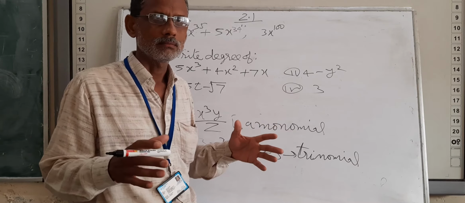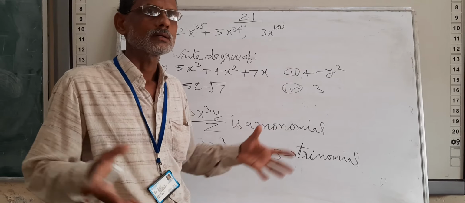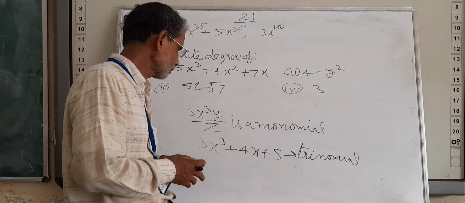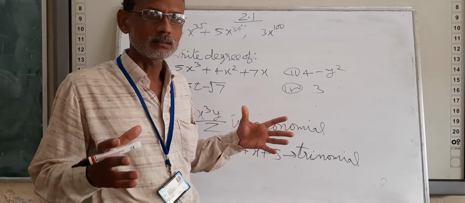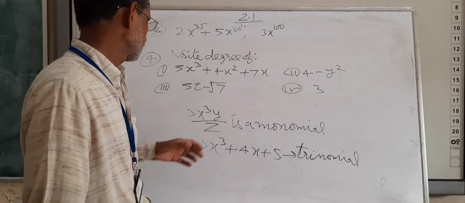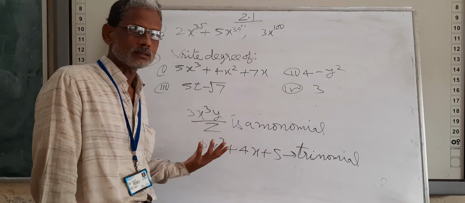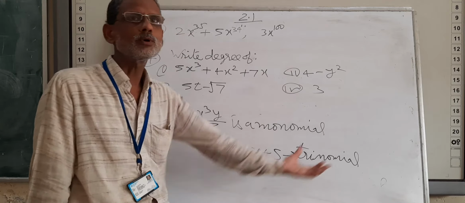Polygon, a closed curve, closed. Polygon, different sides, many sides. Clear? Polygon, polyvitamin, polynomial. Polynomial means many more terms.